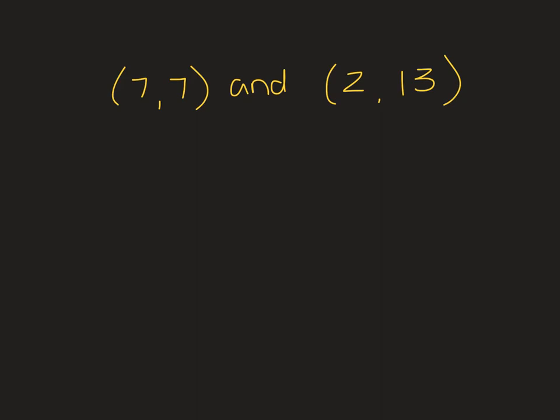So the idea is you have this formula that you saw on the assignment, but basically it tells you that the slope is equal to the change in y over the change in x, which is what we've been saying. But then it said y2 minus y1 over x2 minus x1.